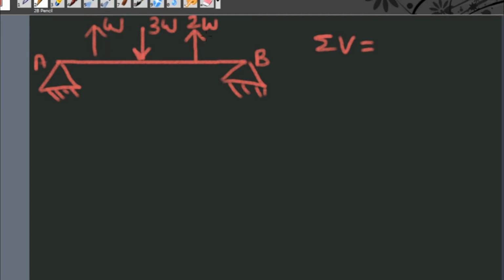W upward, 2W upward, that means W plus 2W is 3W, minus 3W, that is equal to 0. Now check for the moment.